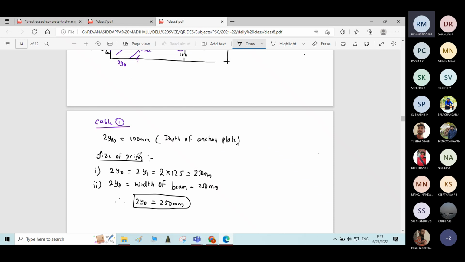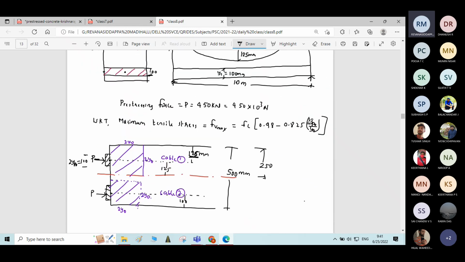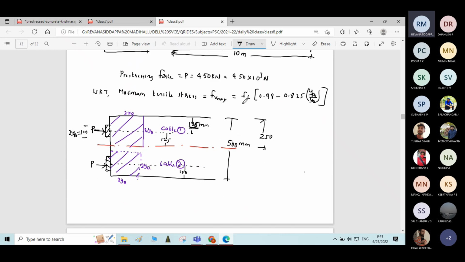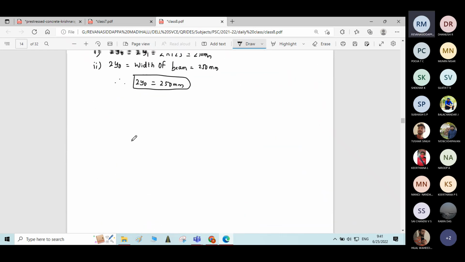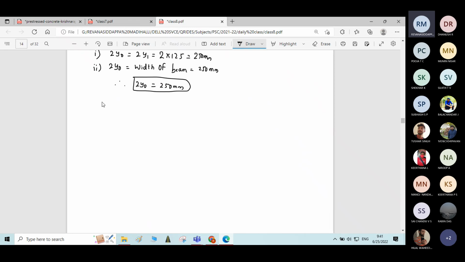Now you have the value of 2yp0 and y0, so you can calculate FC, the compressive stress. FC is equal to P by AP, the prestressing force divided by the area of the prism.